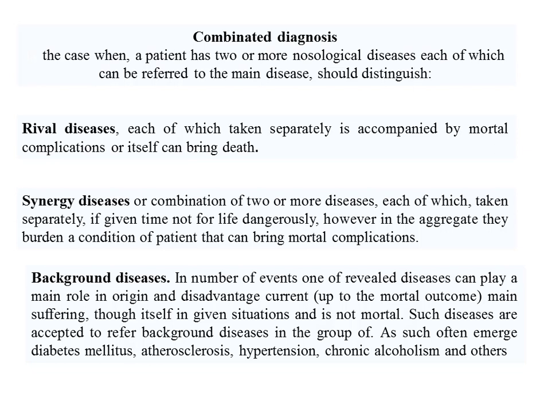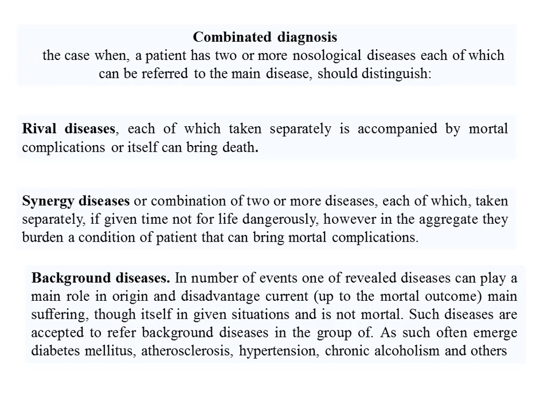However, in aggregate, they burden the condition of the patient and can bring a mortal complication. So these are diseases which are not so severe separately, but when they take place together in one patient, may lead to death.